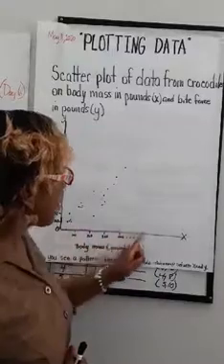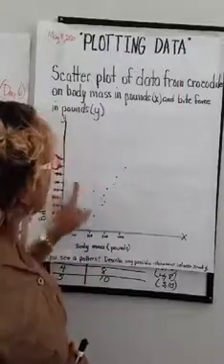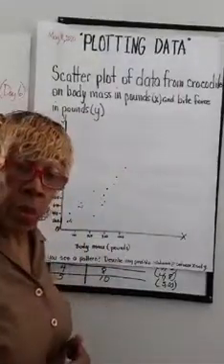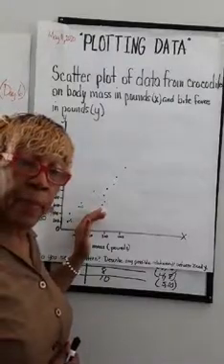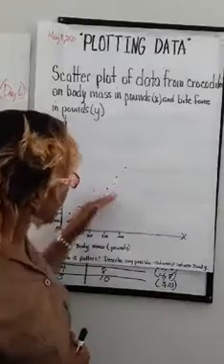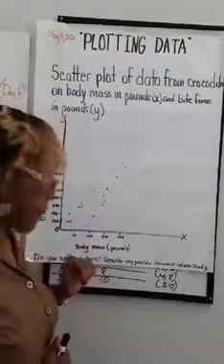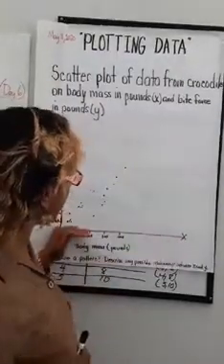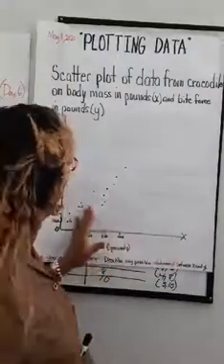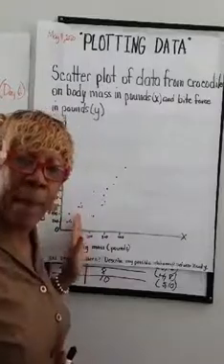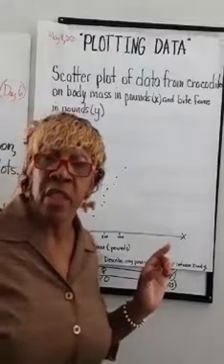As the x-axis increases, so does the y-axis. I could say this is a positive relationship because your dots continue to move upward. They are increasing toward the x, and they are also increasing toward the y. So this is a positive linear relationship.